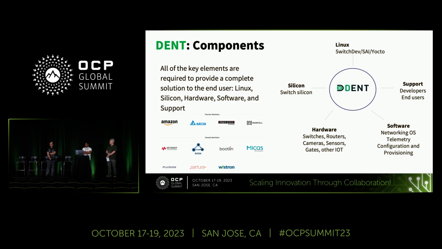Hardware is still the switch, and the switches are the first ones that come on the scene with Dent. But again, the IoT devices are also part of the scope of the Dent charter.